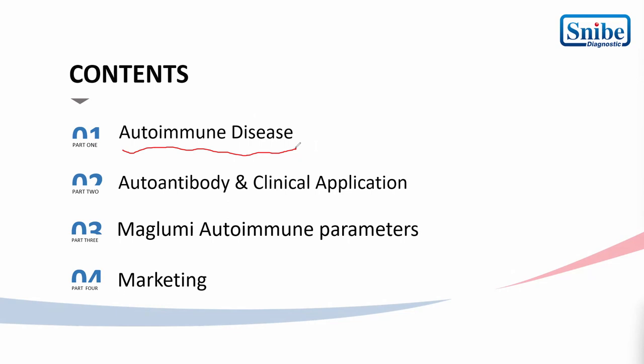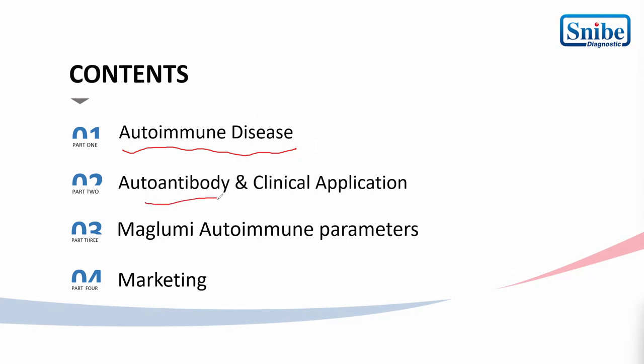This destroys the natural cells and also damages the tissues and the organs as well. It is due to the malfunctioning of the immune system, triggered by self antibody production. This is called autoimmune disease.